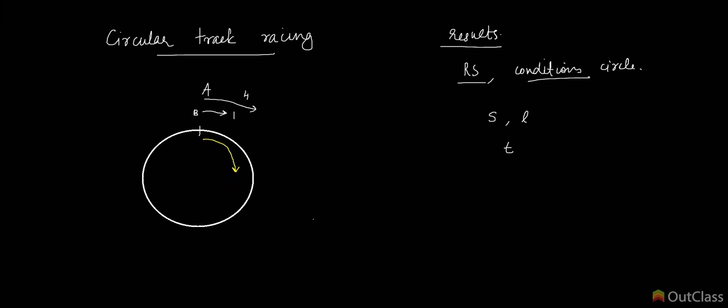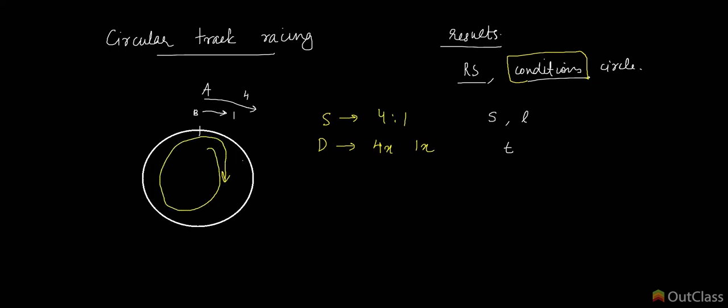So I'm just going to remove this. You want to look at it this way: the speeds are in the ratio 4:1, so the distances traveled in the same amount of time would also be in the ratio 4:1, and I'm going to take them as 4x and 1x. And what is the condition for the first meeting? This is what you need to understand. What condition am I framing for? The condition for the first meeting is that A has run ahead of B, come back and is beating B again.